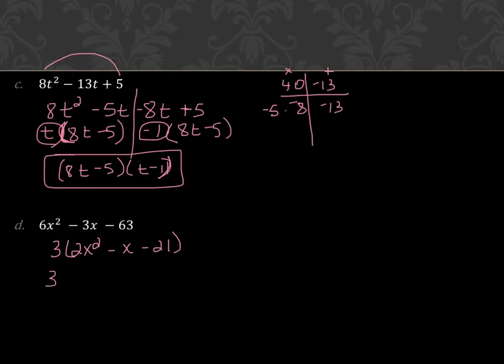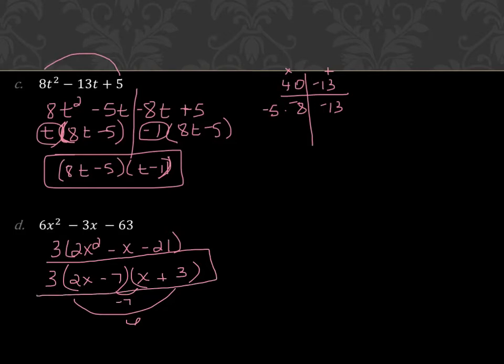And then I can factor that further. 2x times x, and then 3 times 7, so it would give me 7 and 6, and I want a negative 1. So I have 3 times 2x minus 7 times x plus 3. And of course, factoring by grouping would have worked also.